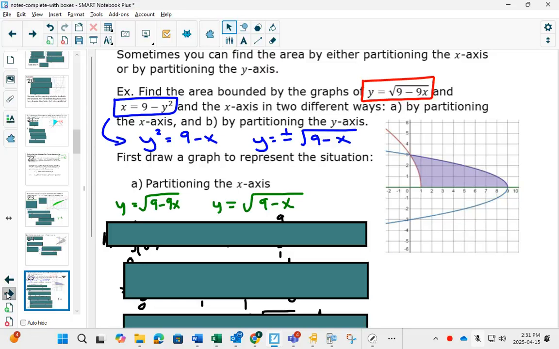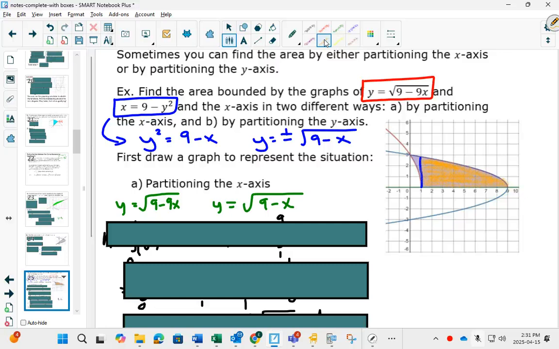And as far as what's happening here, I actually have two different areas if I crayon it. This area in orange would just be the area under the curve of the blue graph to 0.